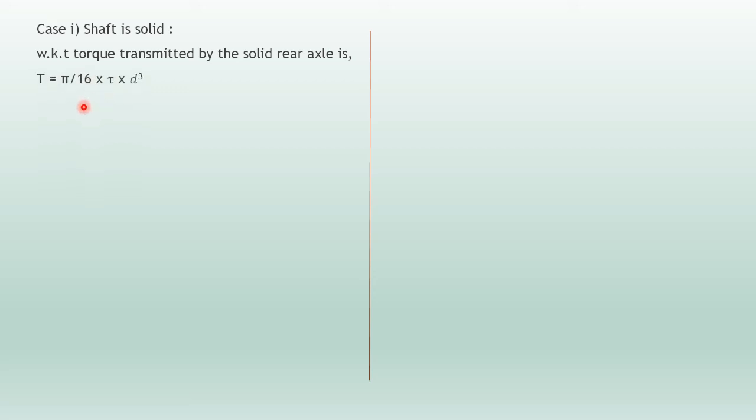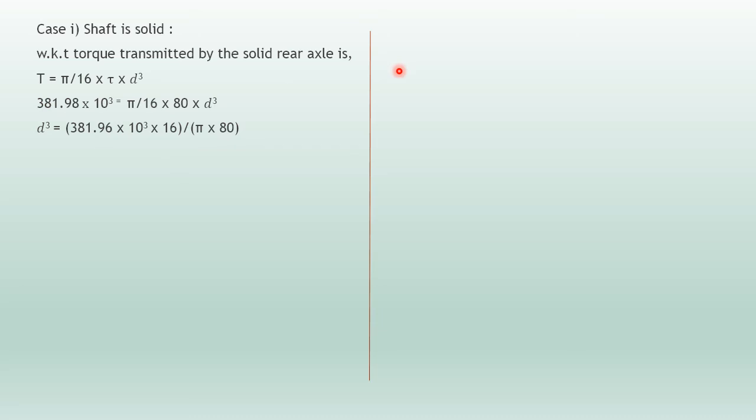Put all the numbers in this equation, and by solving this you will get d cube equal to this, and d is approximately 28.96 or 97 mm. You can take it as approximately 30 mm. So by considering the shaft solid, you will get the diameter of shaft as 30 mm.